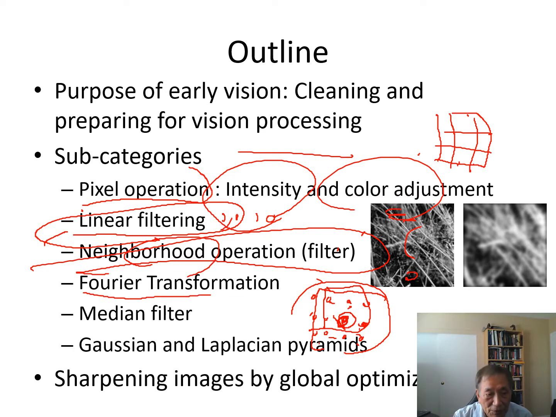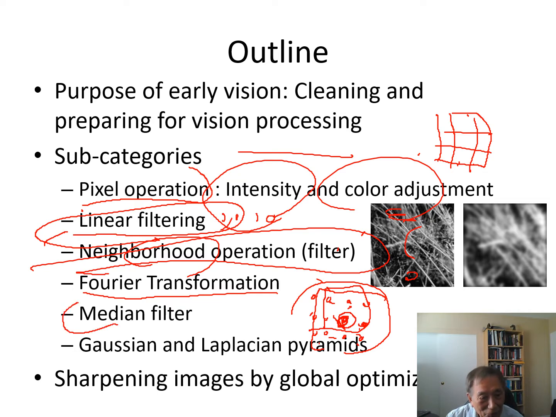Another very important one, covered in a later part of this session, is the Fourier transformation. This is used extensively for many other applications, but it is also used in computer vision. The mathematics is a little complex, but the core concept is something we can understand. That's the part I will explain.